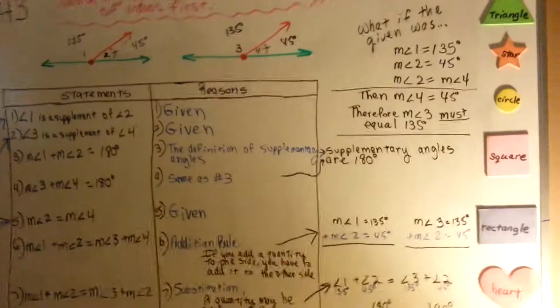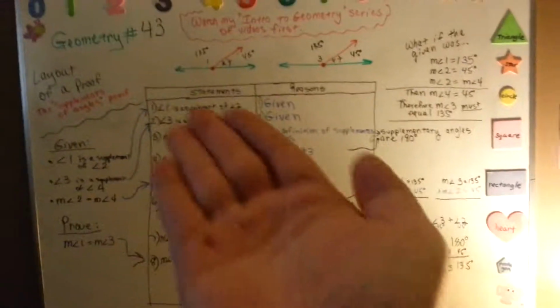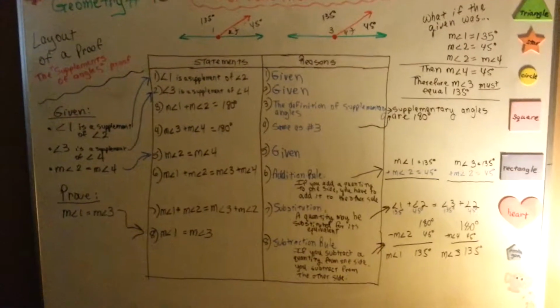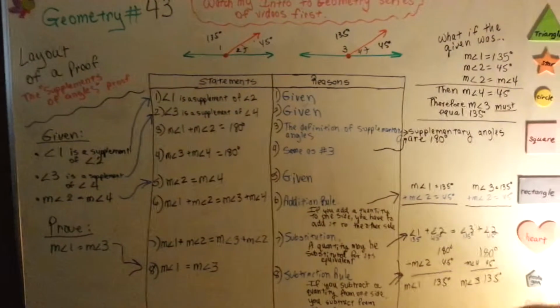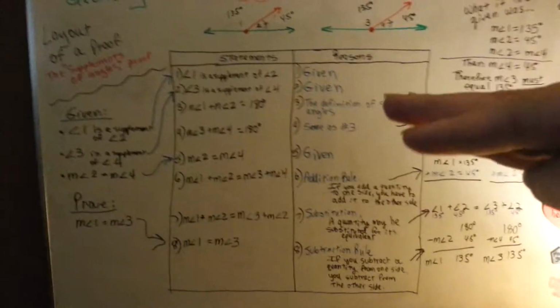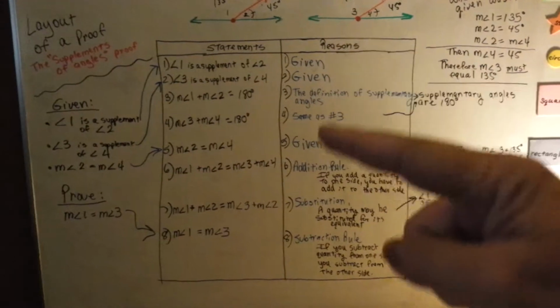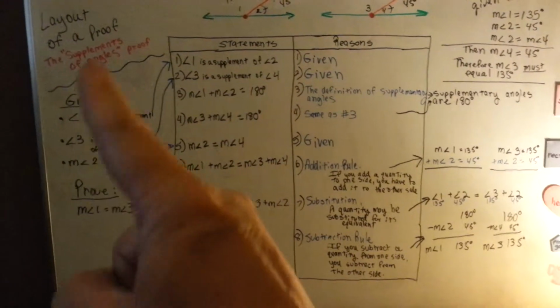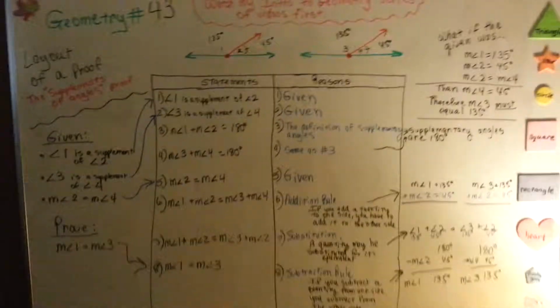So that's basically what we did, and you could probably look at these pictures and say, well, yeah, I knew that just from looking at the pictures, but that's not the point in geometry proofs. The whole point of doing this is to methodically, step by step, prove it. And these are the reasons why the supplements of angles proof can work.